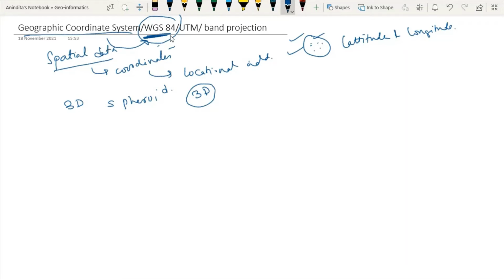So, what is this WGS 84? It is just an Earth-centered, or you can say Earth-fixed, terrestrial reference system. It is also known as a geodetic datum.